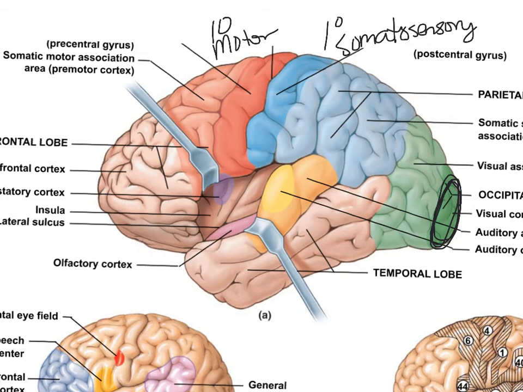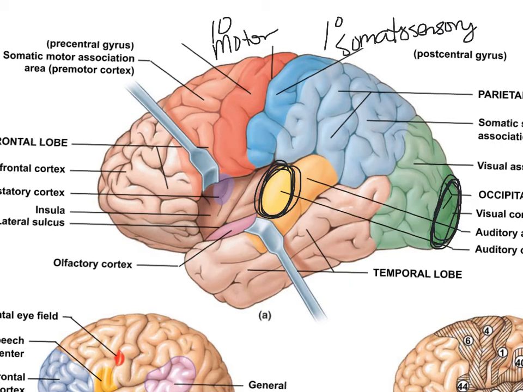Where in the thalamus did we say visual information went? Lateral geniculate, right? Then we also have the auditory cortex. Where in the thalamus is that coming from? Medial geniculate, good. Once they get to these areas, all of a sudden you become aware that you just saw something, or you just heard something.